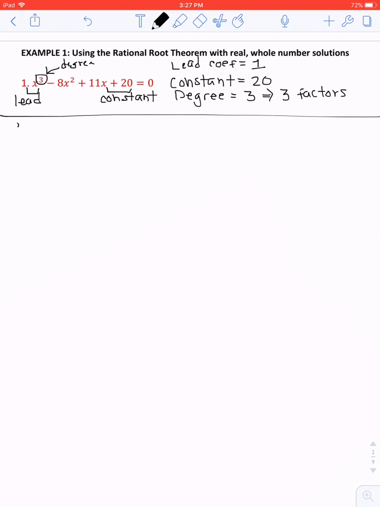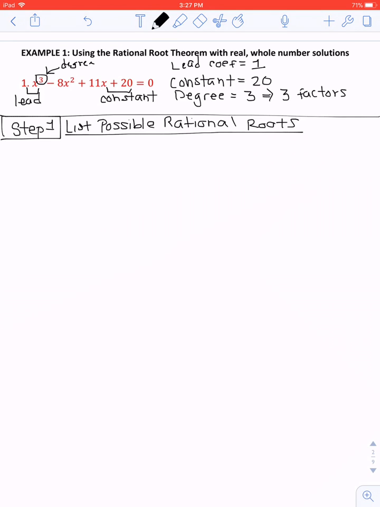So step 1. Step 1 is to list possible rational roots using that rational root theorem. So we're going to list possible rational roots. So again, this only makes a list of the possible rational roots.